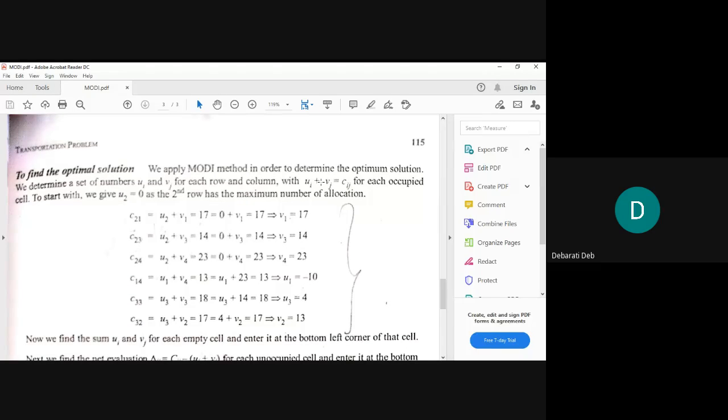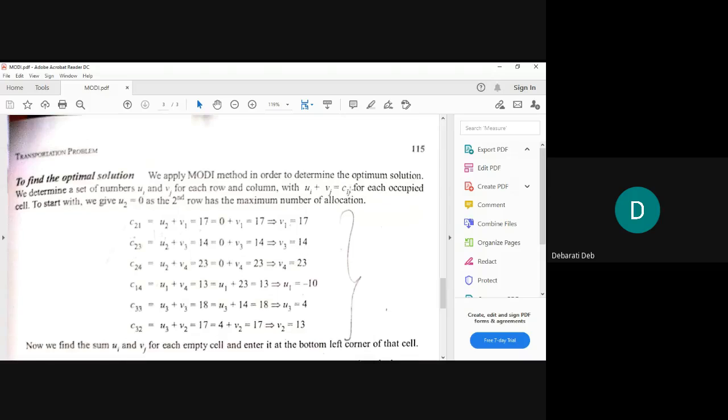What is the assumption? The assumption is ui plus vj equals cij. Whatever the value of u, that means the row side, and of v, the column side, their sum will be equal to the cost present in that particular cell.